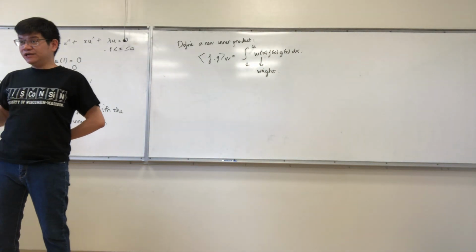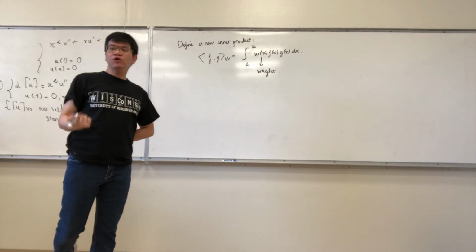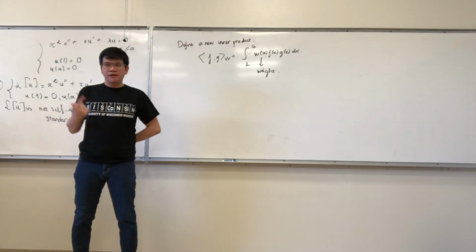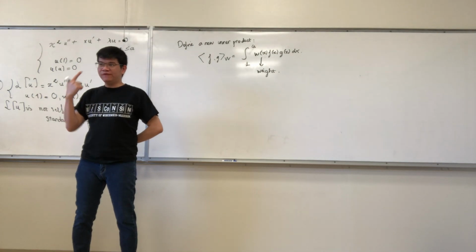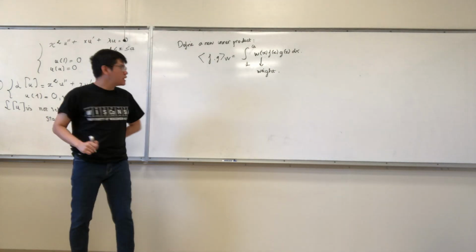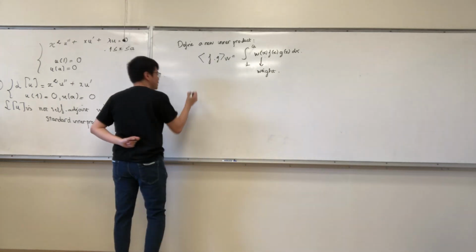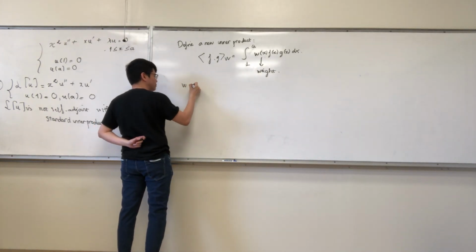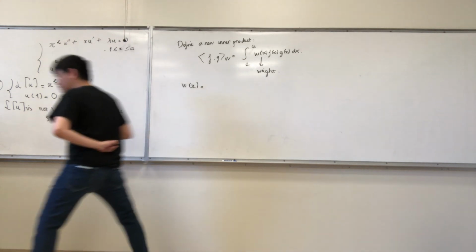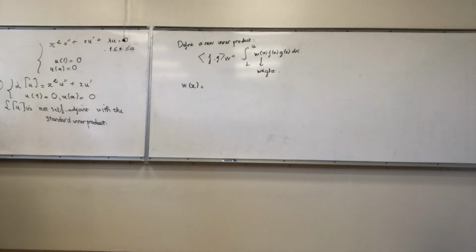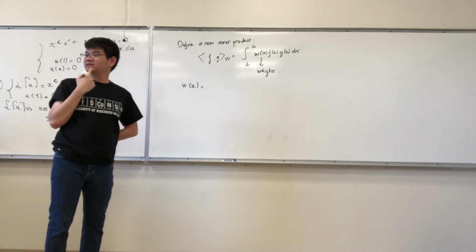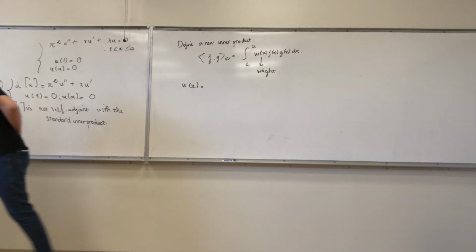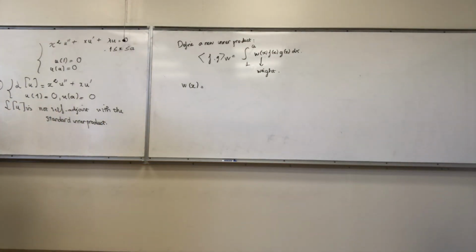The key idea now is to define a new inner product so that this operator is self-adjoint with this weight. And the weight that we found is w(x) will be, we found what? We found 1 over x, right? Negative 1 over x? Or 1 over x? I think 1 over x, right?